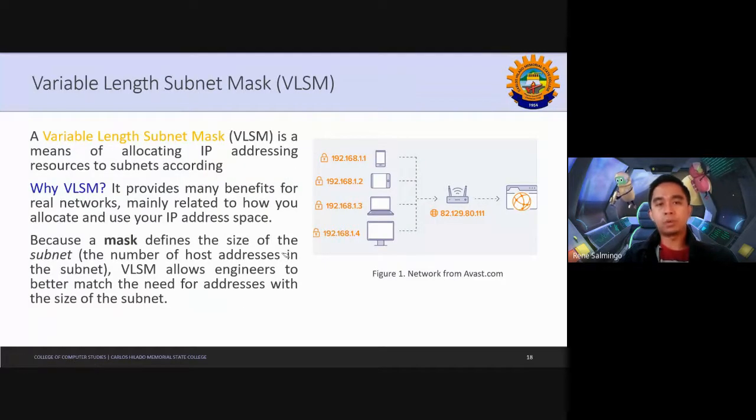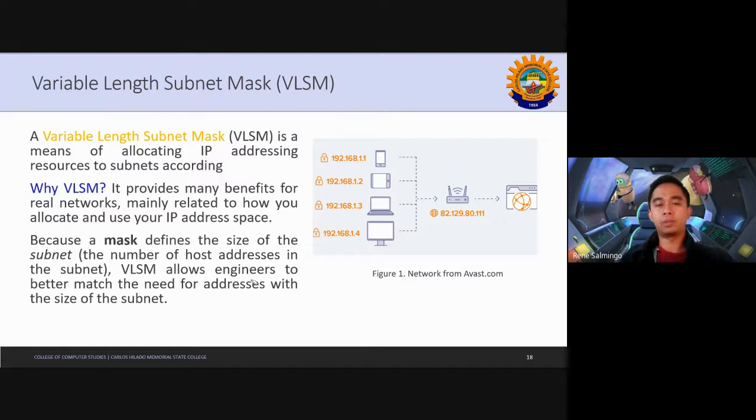Now we move forward with discussing variable length subnet mask. It means allocating IP addressing resources to subnet masks according to need, which is why we need to have VLSM. It provides benefits for real networks, mainly related to how you allocate and use your IP address space. Because the mask defines the size of the subnet, the number of host addresses in a subnet.